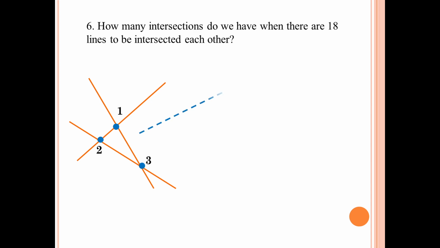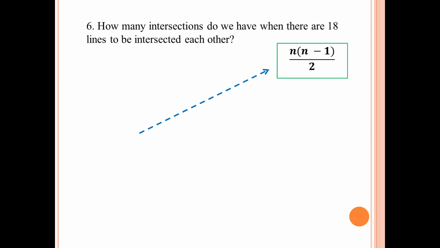So, using this formula, let us try to validate, or let us try to check whether this formula will satisfy the given figure. Okay, so again, we have 2 lines.